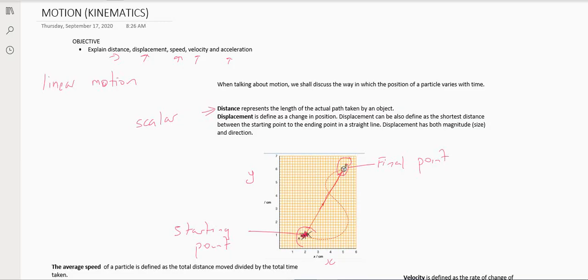So measuring that distance from the starting to the end point would be referred to as what we call the displacement.